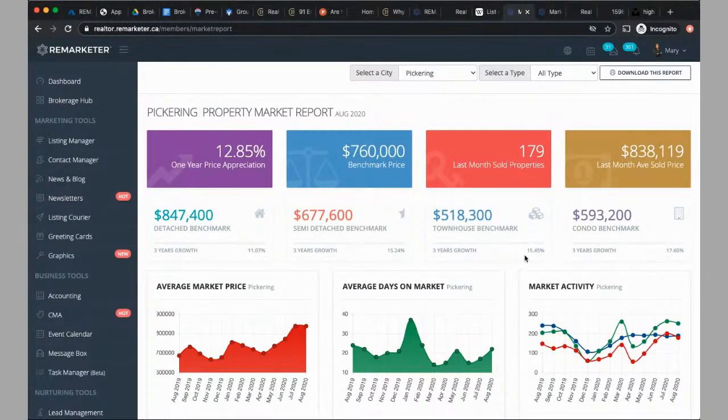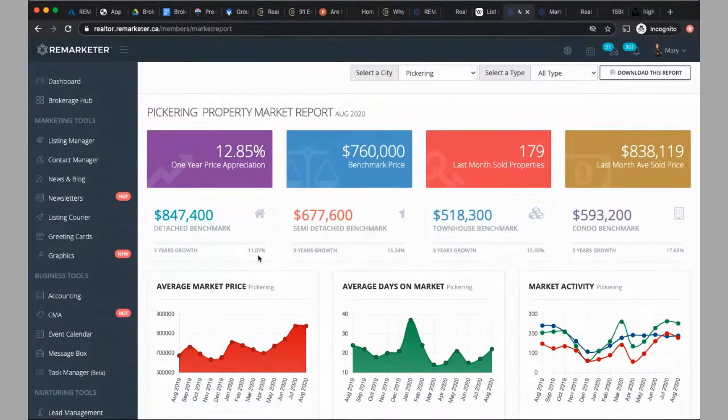So you can see that the growth trend has been positive over the past couple of years, and the 3-year growth has been much healthier compared to what we would have seen in Richmond Hill.